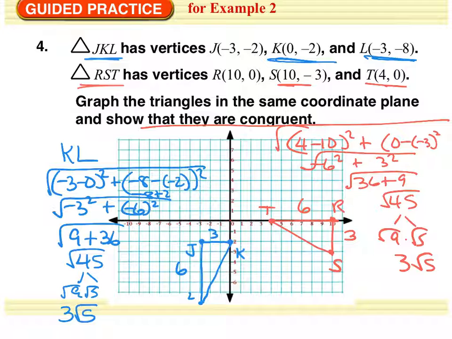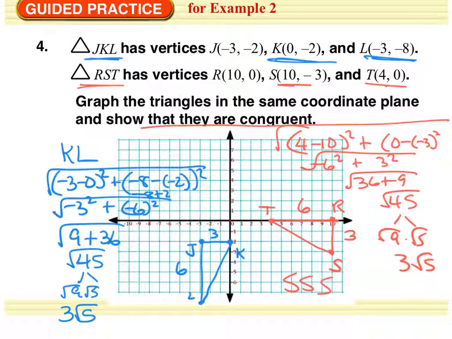So again, all 3 sides are congruent. So I would say, yes, these 2 triangles are congruent by side, side, side, because I've shown that all 3 sides match up. Does that make sense?